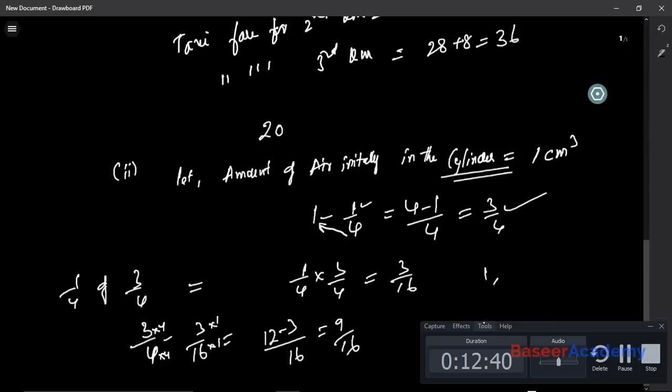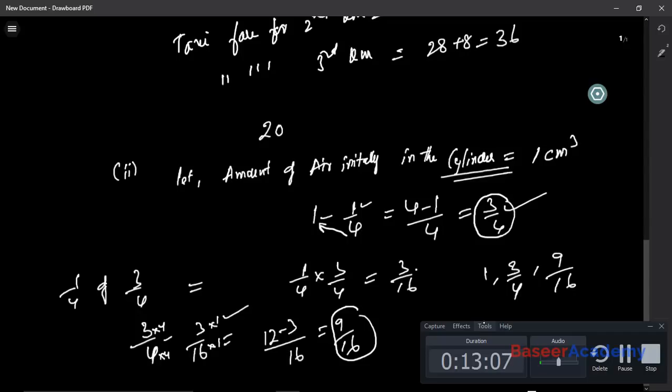First, initially the air in the cylinder is 1 centimeter cube. Second time the air in the cylinder was 3/4, and we again removed 1/4 of 3/4, which means we removed 3/16 and we got 9/16. Let us find if the difference between the consecutive terms is the same. If the difference between the consecutive terms is the same, then it is an arithmetic progression.